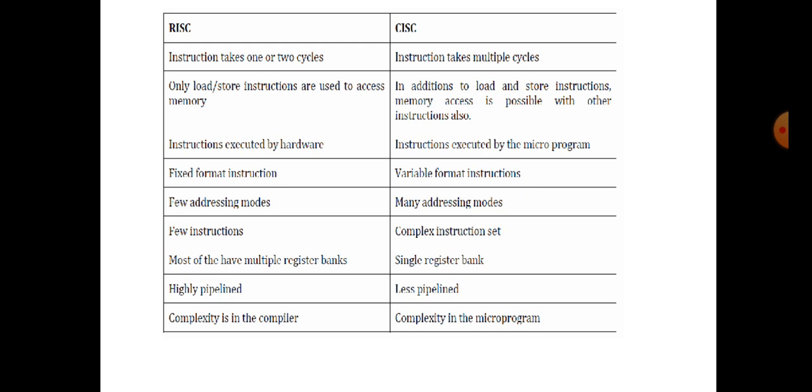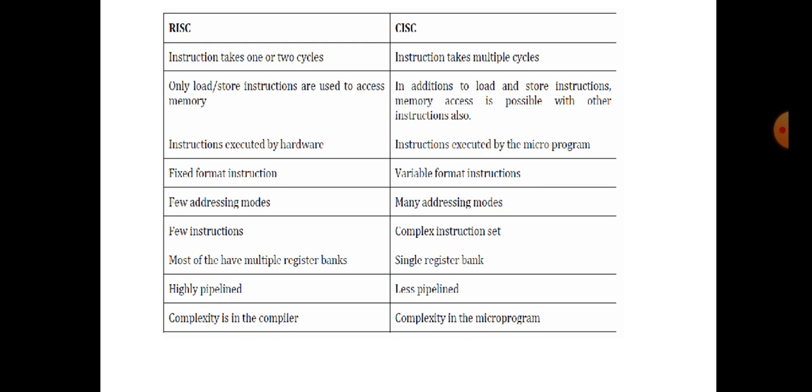Pipeline means multiple operations, or whatever the processing is done, it can be divided into different stages. For example, the phases of instruction execution are fetch, decode, execute, and write back. The write back may be either present or absent.